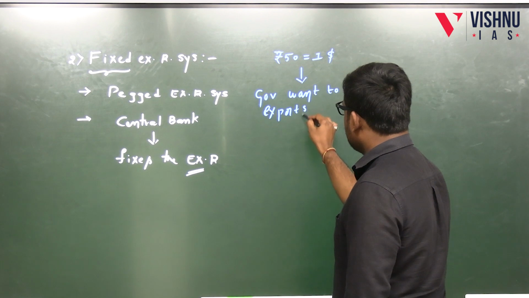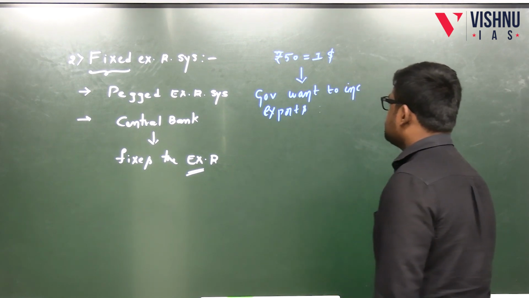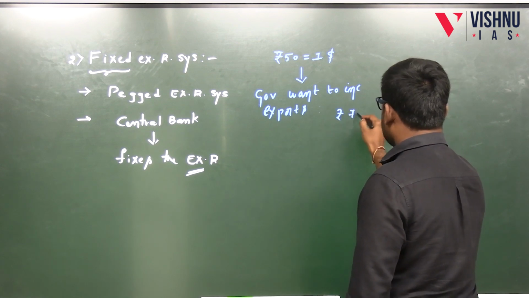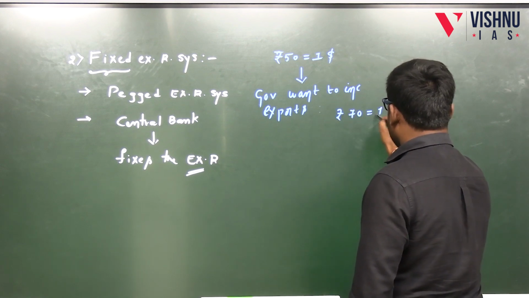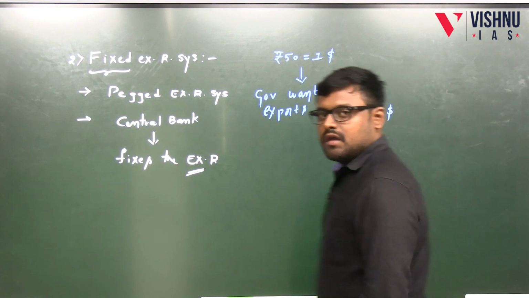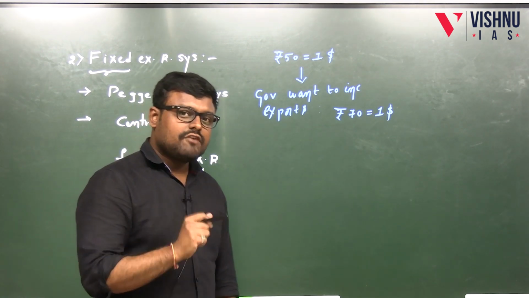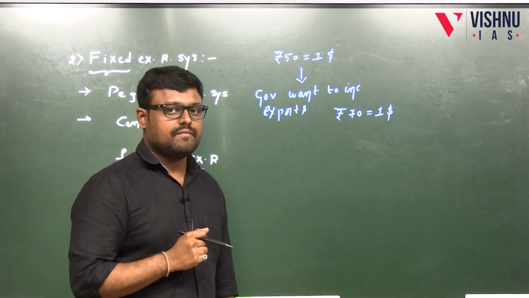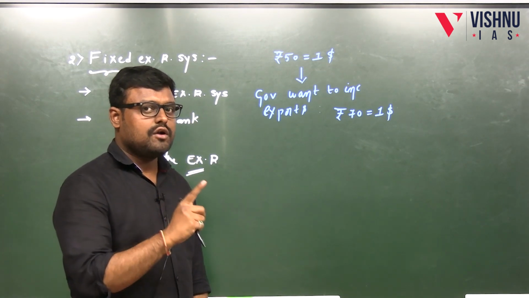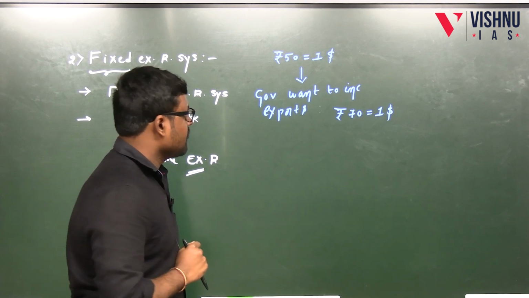When the government wants to increase the exports, it will fix the exchange rate to 70 rupees per $1. The government wants to increase the exports, therefore the government fixes the exchange rate, or changes the exchange rate, from 50 rupees per $1 to 70 rupees per $1.